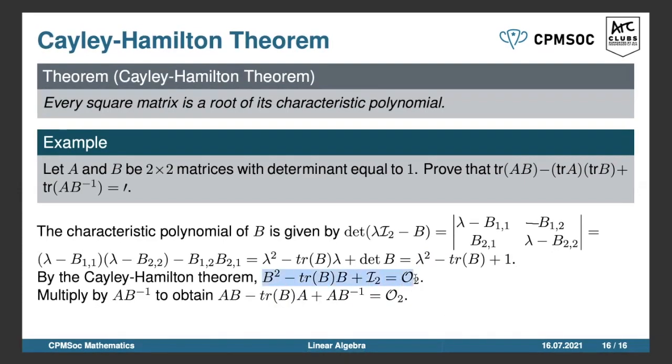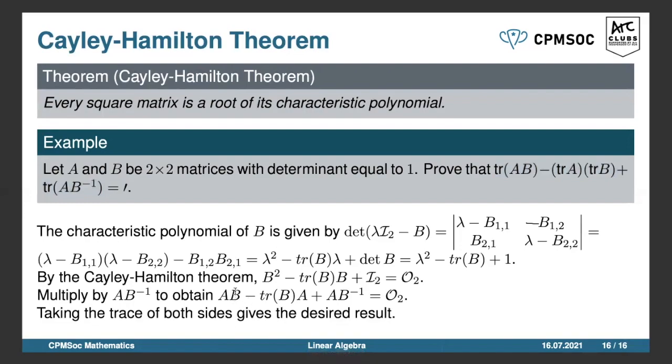Now we can just change this up a little bit to get it closer to this equation here. Again, this is the zero matrix. If we multiply by AB inverse here, that's just AB. AB inverse here, the B inverse and the B are going to cancel. We're just going to have A. And this is just a scalar. And here, that's the identity matrix. So this is just going to come into there. And on this side, it's still 0.